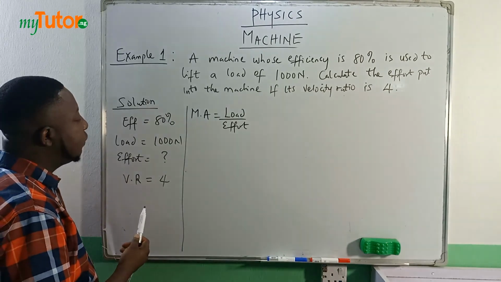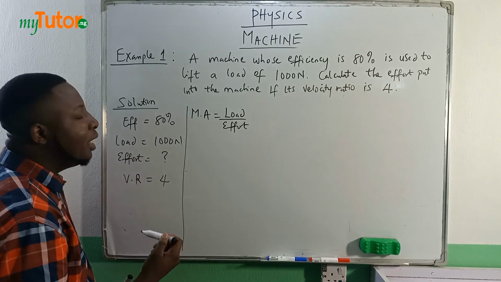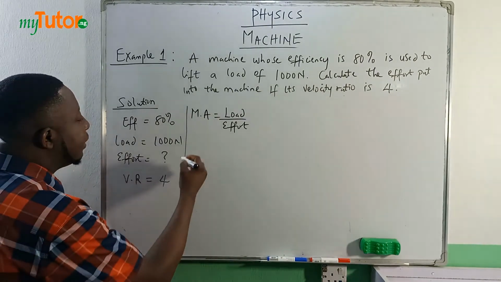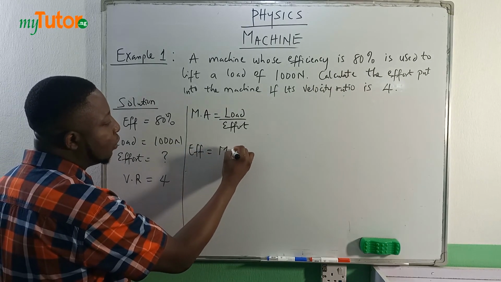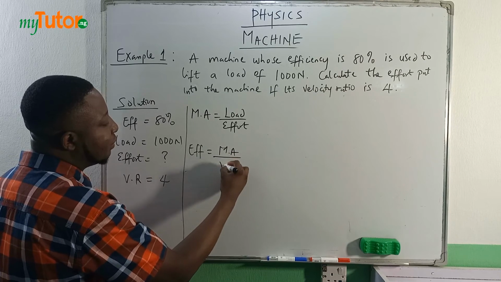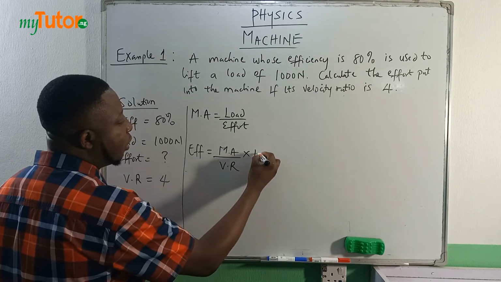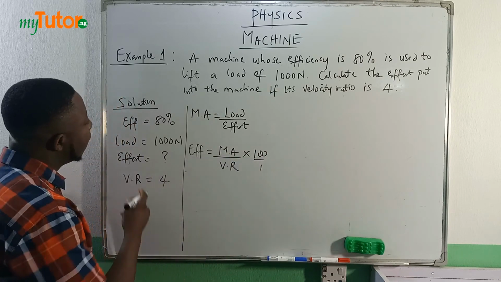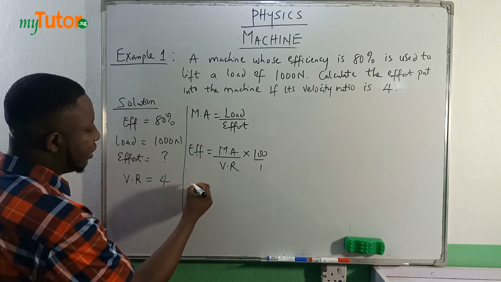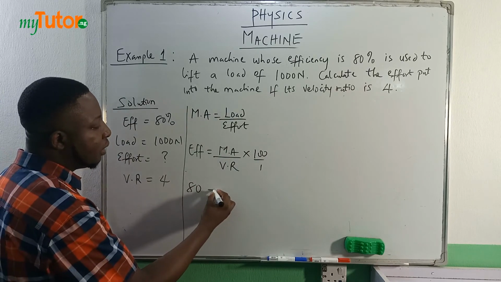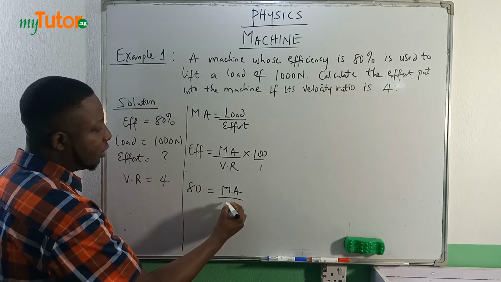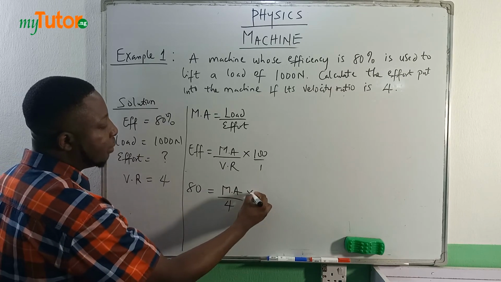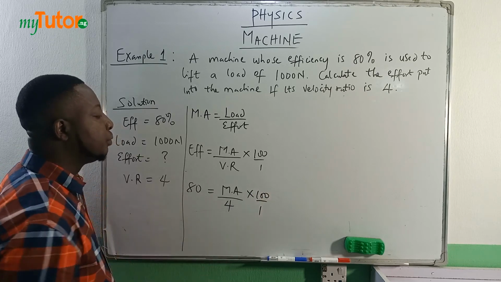To calculate the mechanical advantage, we use our formula that efficiency of a machine is equal to the mechanical advantage divided by the velocity ratio times 100 over 1. The efficiency given is 80%. So 80 is equal to our mechanical advantage divided by the velocity ratio, which is 4, times 100 over 1.